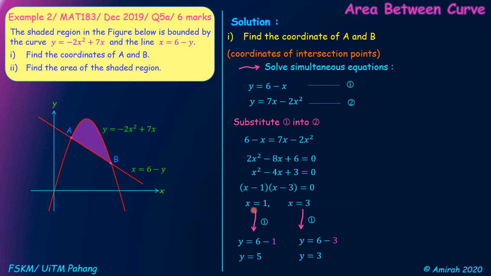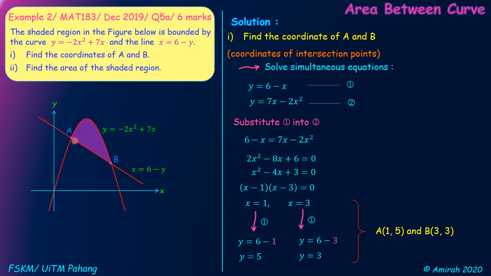Now we have found the values of x and y. Since we want to find the coordinates, we need to rewrite in terms of brackets, with the value of x, then a comma, and the value of y.